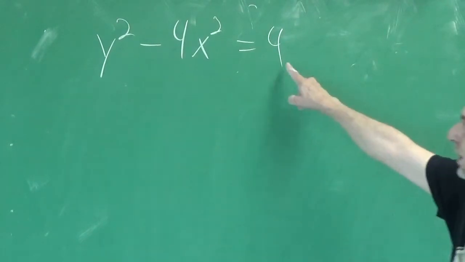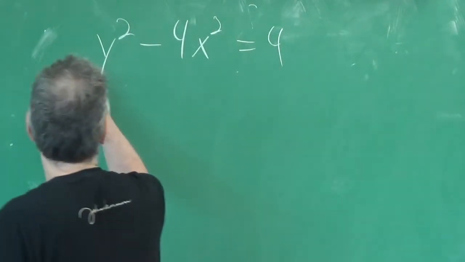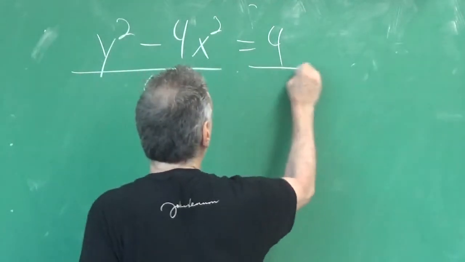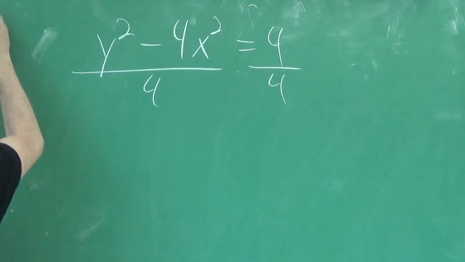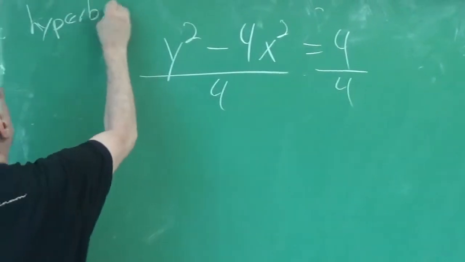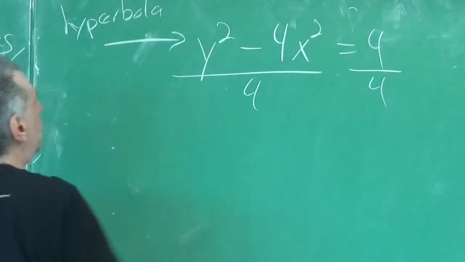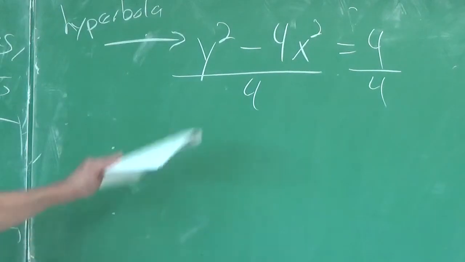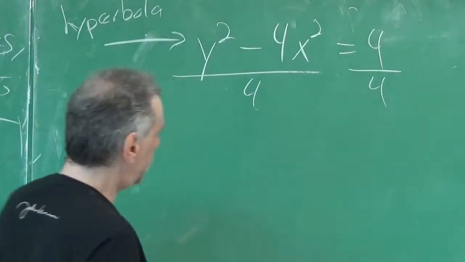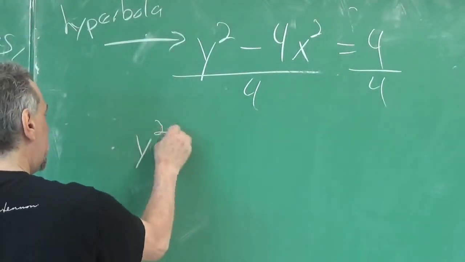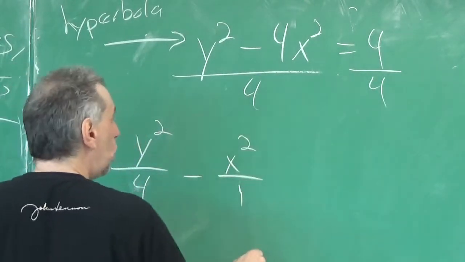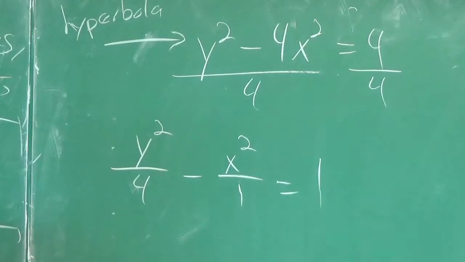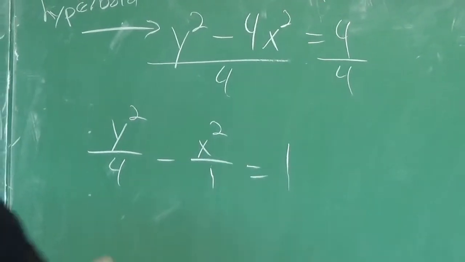Again, we need a 1 over here, so we need to divide both sides by 4 to put it into standard form. So we divide things by 4, we get y squared over 4 minus x squared over 1 equals 1. And we put the 1 down there just so we can see the standard form.